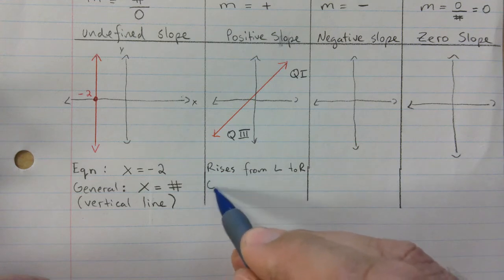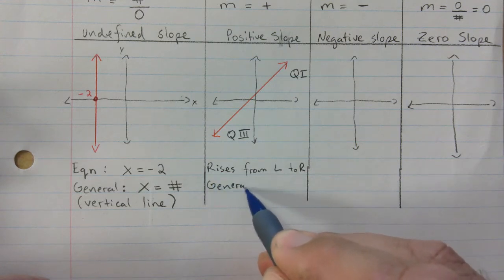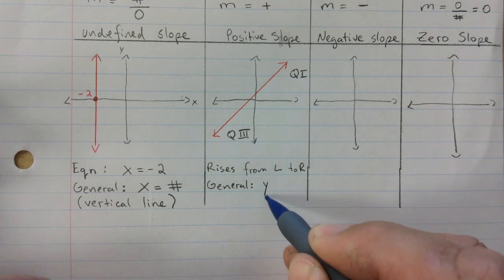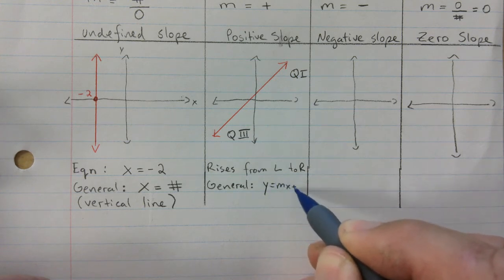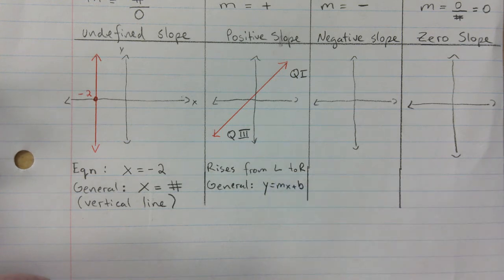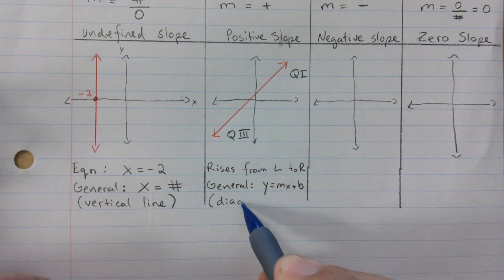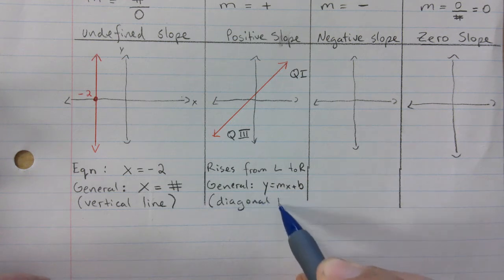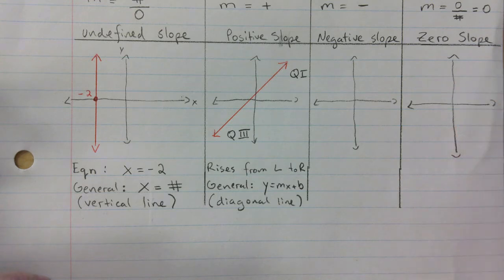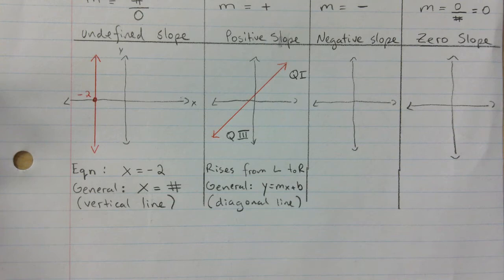And in general, it's going to be y is equal to mx plus b. And this is a diagonal line. Some of you are like, yeah, I remember all of this as if it were yesterday. That's good.